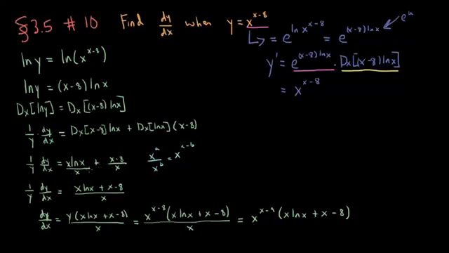I already combined it, so let's go down here. Here's the expanded version, then another simplified version, and here's the final version, when I simplified the fractions. I added the fractions.